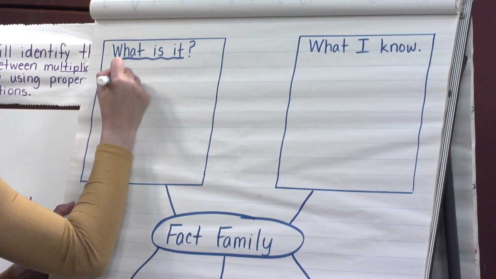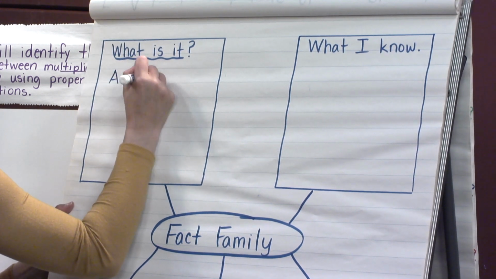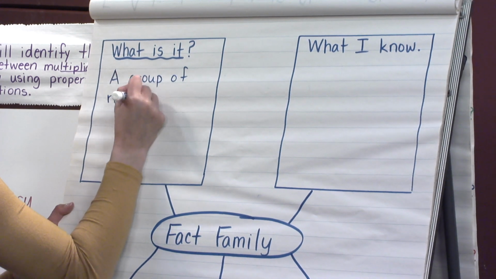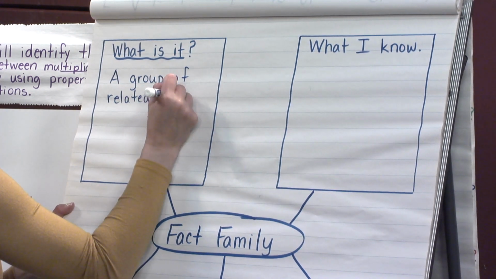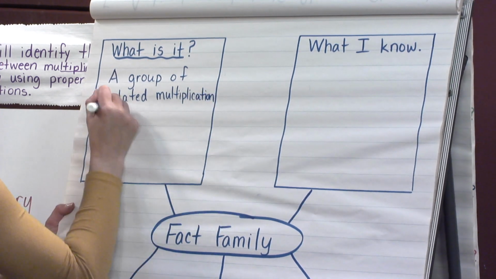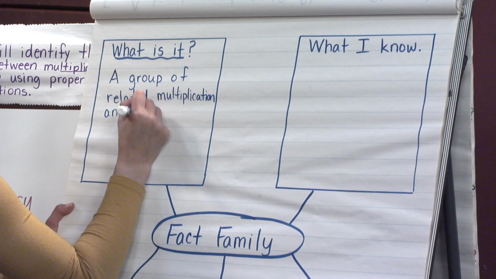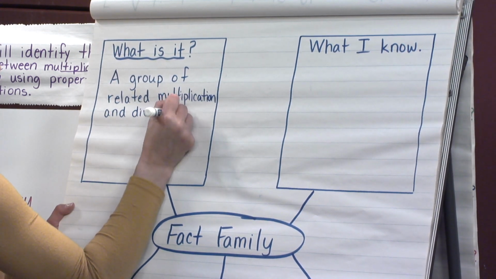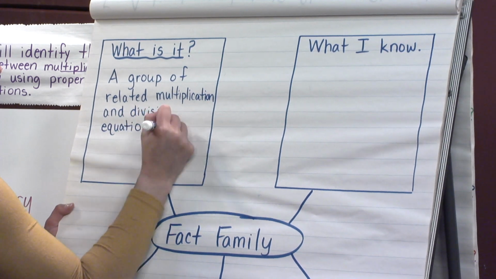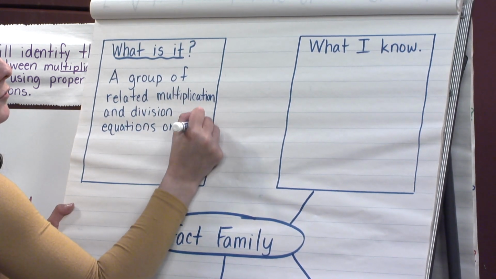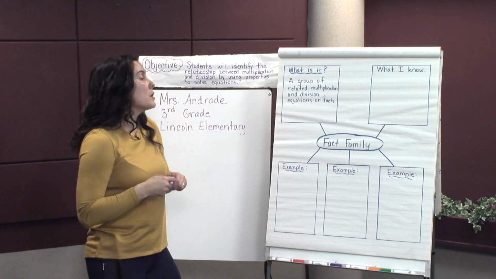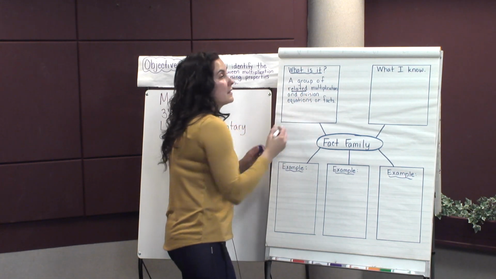So, a group of related multiplication and division equations or facts. You can call them equations or you can call them multiplication facts. The important thing to remember is that they're related.